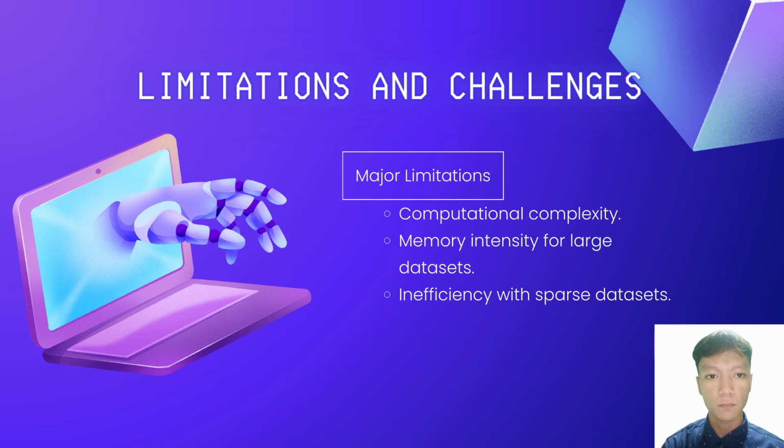Limitations and challenges. Despite its strengths, the Apriori algorithm has limitations, particularly concerning its computational complexity and scalability. The algorithm's need for multiple passes through the database and the generation of numerous candidate item sets can lead to increased runtime and memory-intensive operations, especially with large datasets.